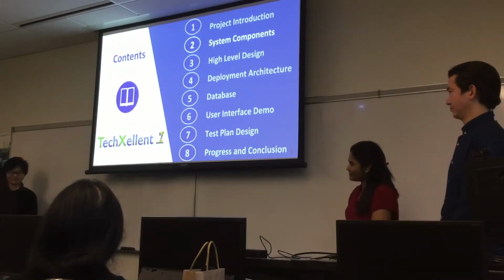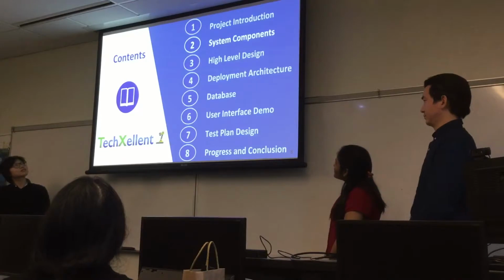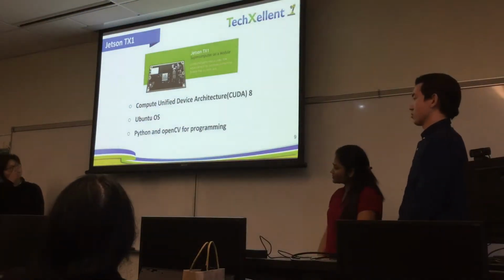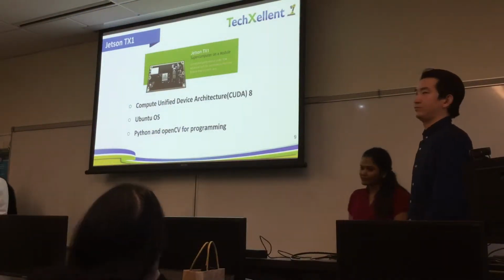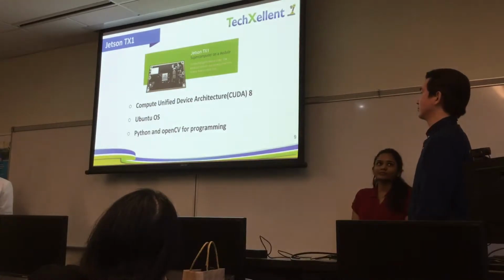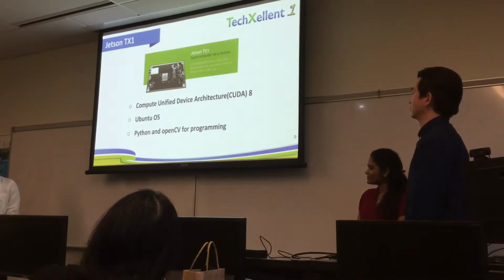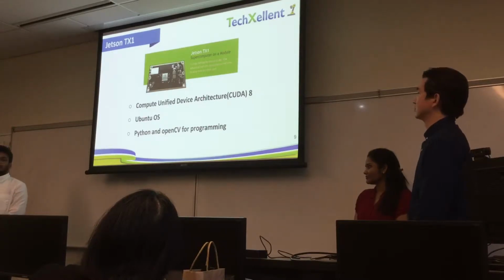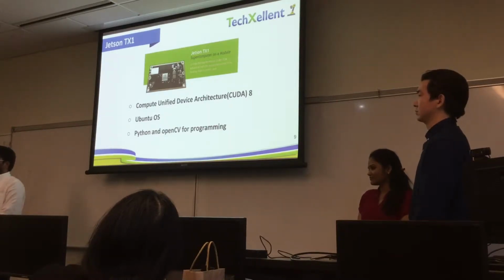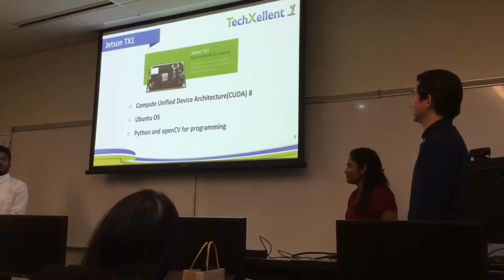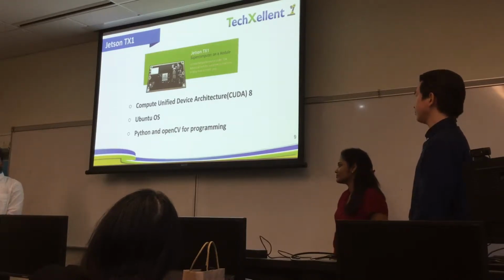Hello everyone. In the system components, we have the Jetson TX1. This is a supercomputer on a module. Deep learning relies heavily on parallel processing, so the Jetson TX1 can deliver 1 teraflop, which is 10 to the power 12 floating point operations in 1 second, which is very fast. This makes it a supercomputer.